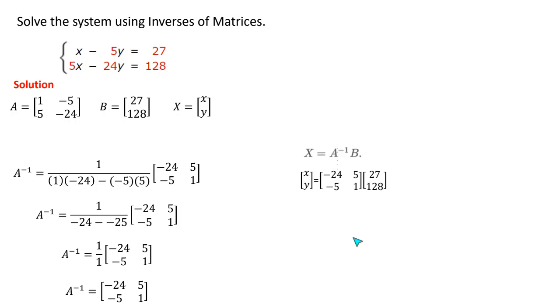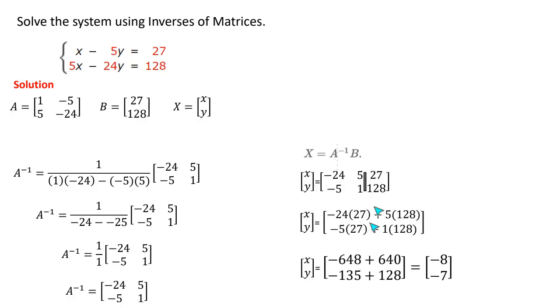So now I take my inverse, I plug it in here, and then my B, my constant matrix, I need to multiply. So negative 24 times 27 and 5 times 128. Then we're going to do negative 5 times 27 and 1 times 128. If we simplify, negative 24 times 27 is negative 648 plus 5 times 128 is 640. We get negative 8.